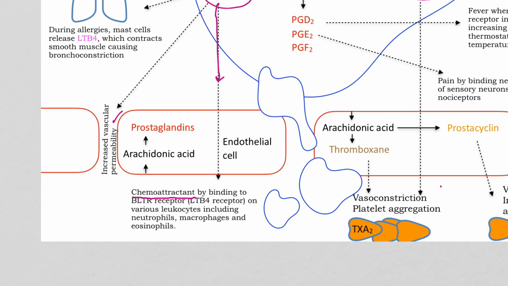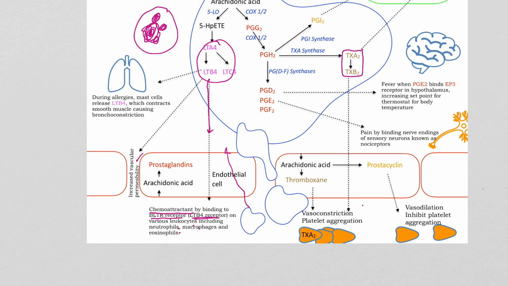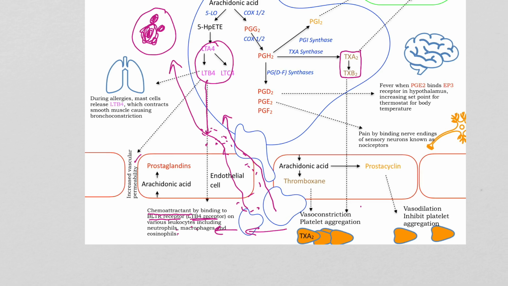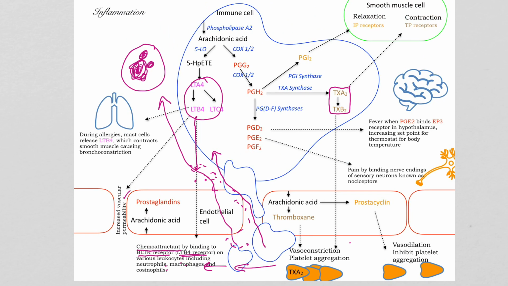These leukotrienes bind to leukotriene receptors, the BLT receptors, on various cells, neutrophils, macrophages, eosinophils, and that brings those cells. Remember, these cells are traveling in your bloodstream. Now this chemoattractant, this leukotriene concentration, is higher around here, and that is going to cause these cells to start migrating towards where the microbe is, where the infection is happening.